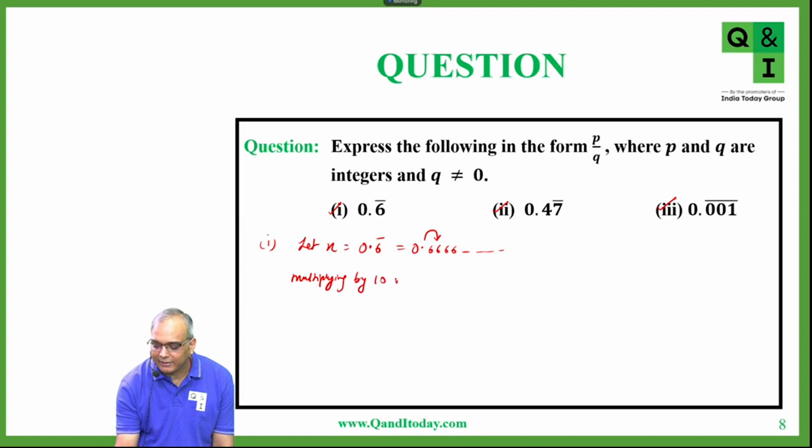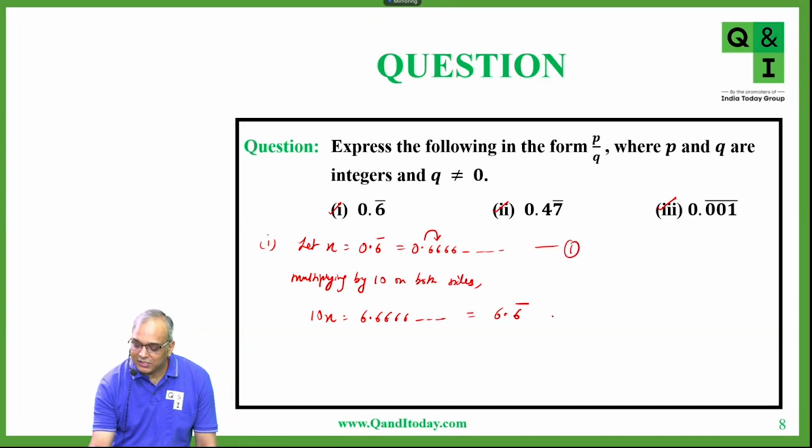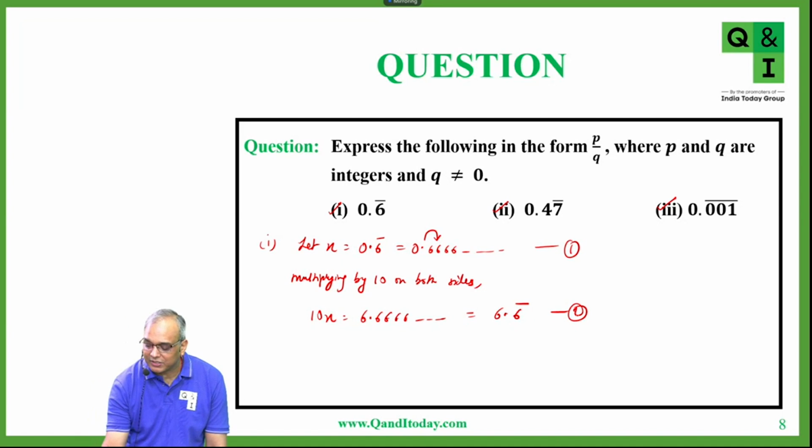Multiplying by 10 on both sides, we get 10x is equal to 6.666 and so on, which can be written as 6.6 bar. Now this is your first equation, this is your second equation. Subtract 1 from 2.